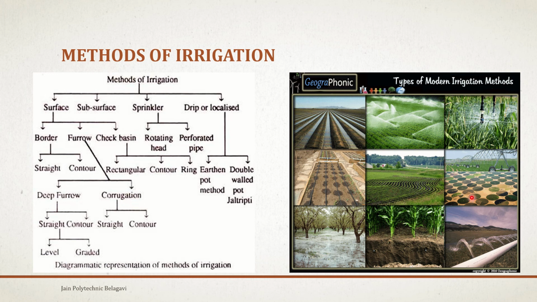Again this is basin, this is check basin. So these are different types of modern irrigation methods.